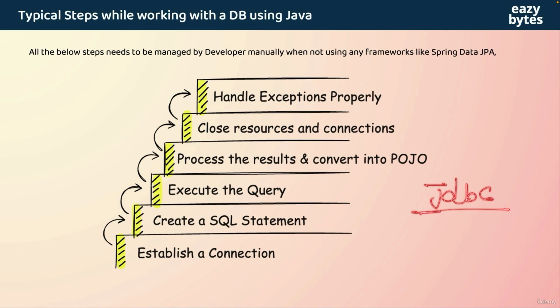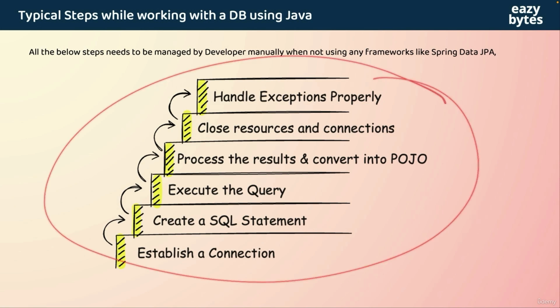JDBC means Java Database Connectivity. With the help of this JDBC library, they used to write a lot of code to connect with the database and to perform some database operations. Even today, if you use Spring Data JPA, behind the scenes it is going to use JDBC libraries only. It's just that these frameworks abstracted all these steps from the developer.